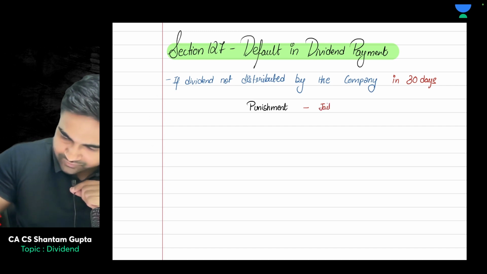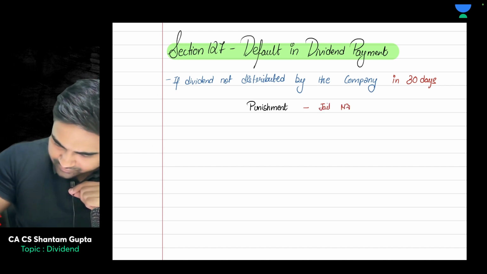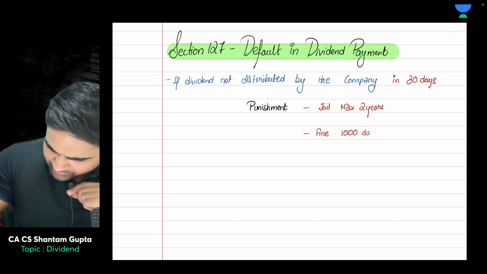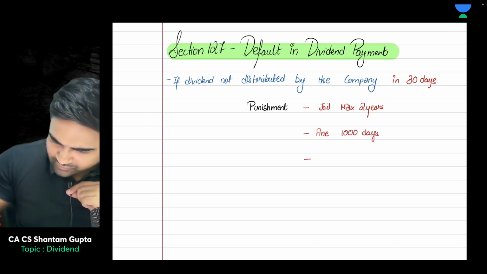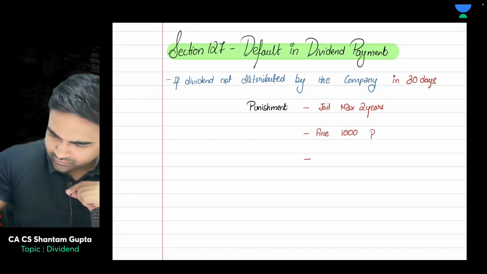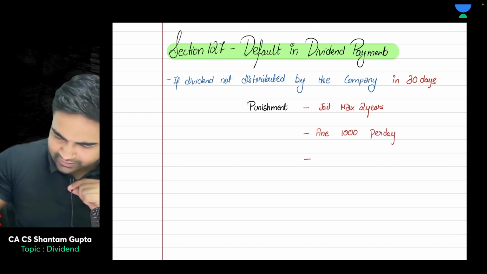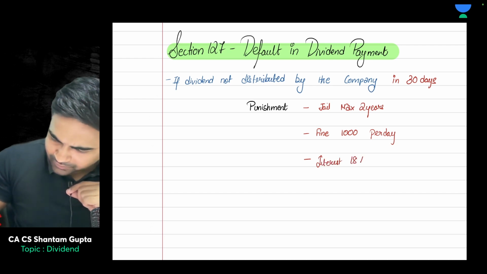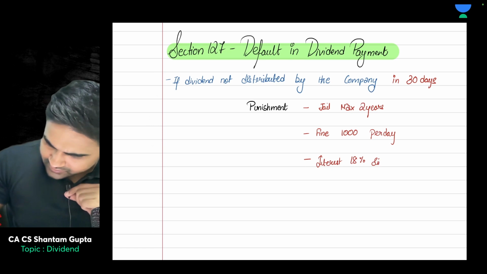Jail, max 2 years, fine 1,000 per day, and interest 18% simple interest.